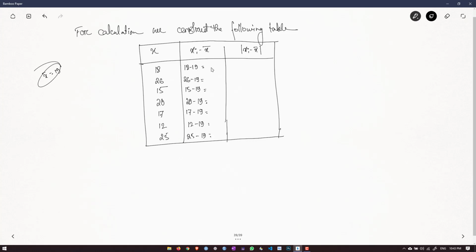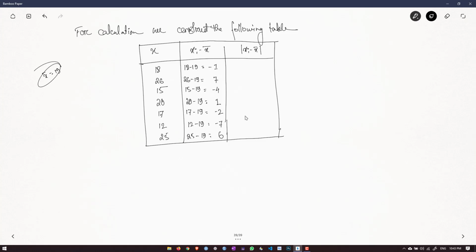So 18 minus 19 obviously is minus 1. This would be 7. This would be minus 4. This would be 1. This will be minus 2. This will be minus 7. This will be 6. These are the values of xi minus x bar.